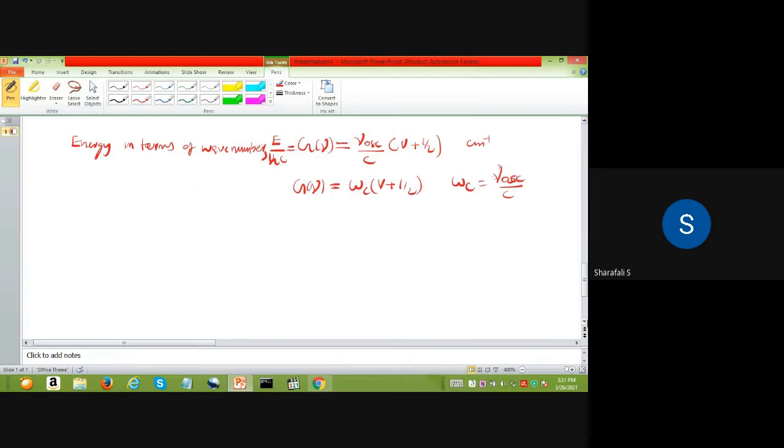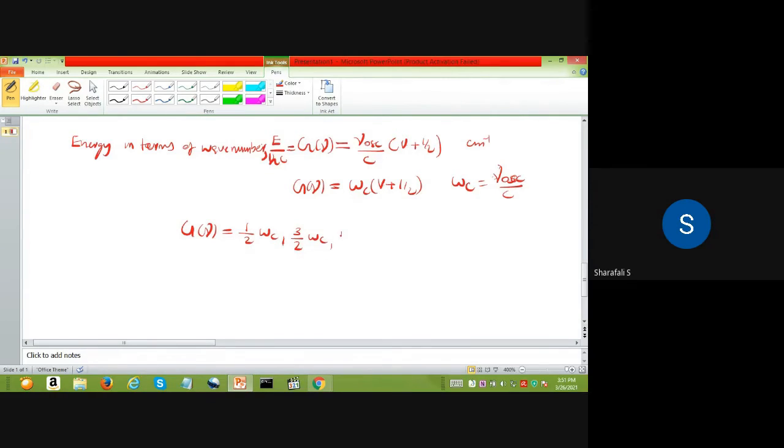So now, if you calculate G nu corresponding to different V values, what will happen when V equal to 0? This will become 1 by 2 omega c. Then V equal to 1, this will become 3 by 2 omega c.